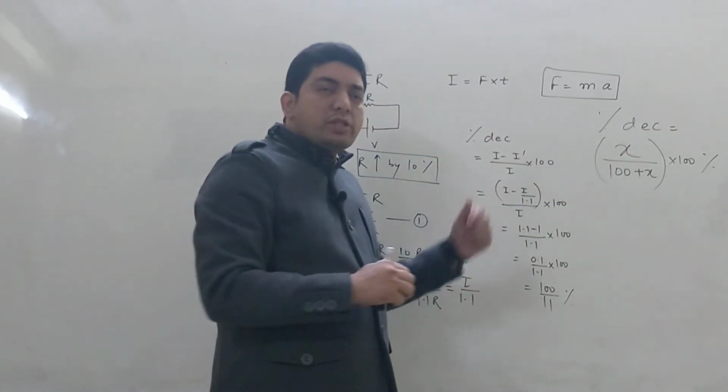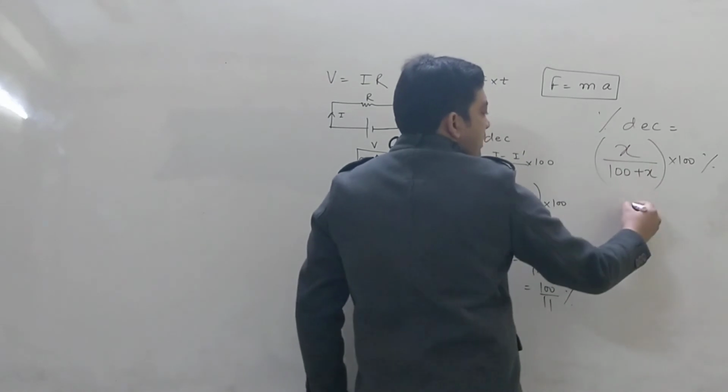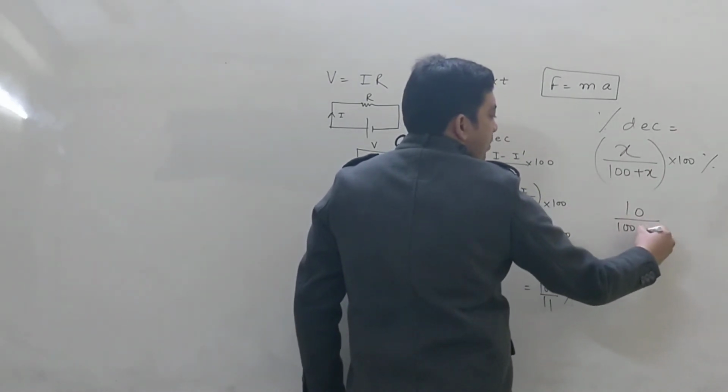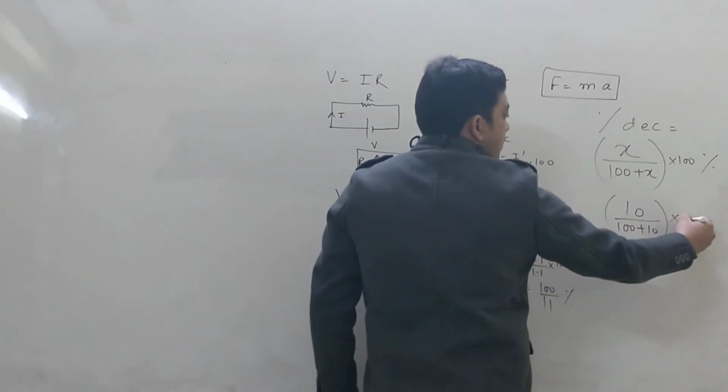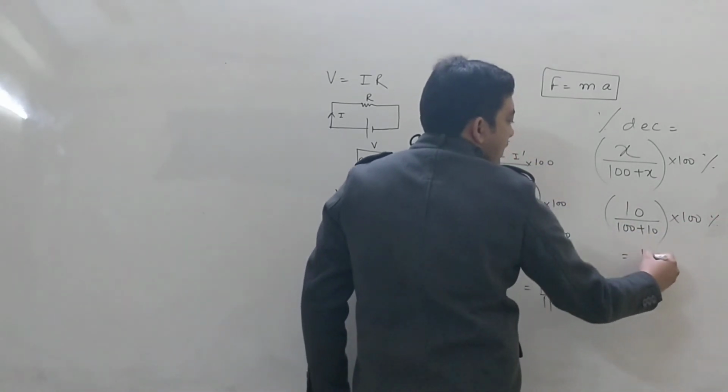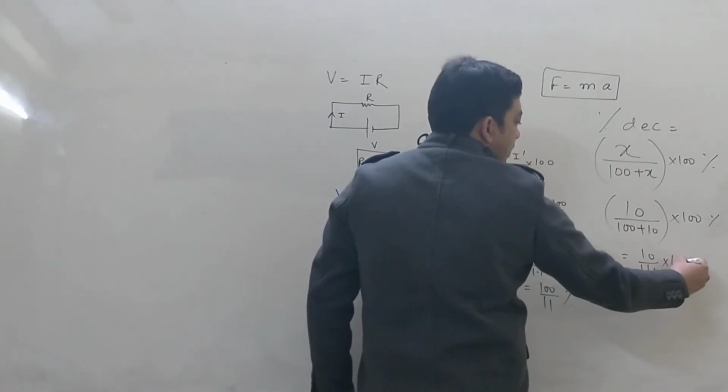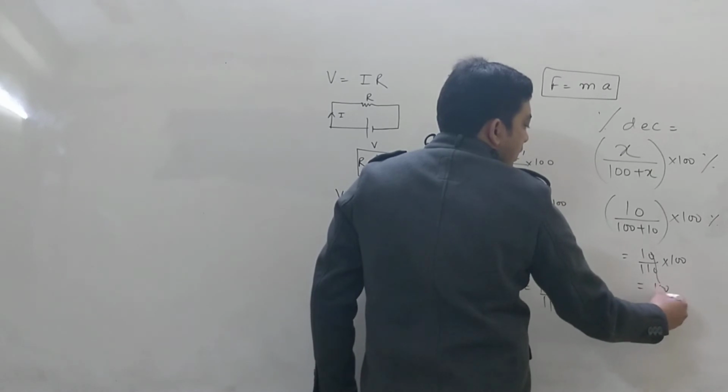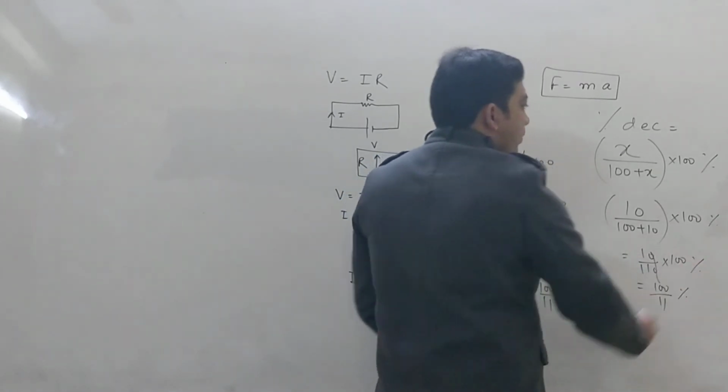So here in this question X is 10, so it is 10 upon (100 plus 10) into 100. Once you solve it, you will get 10 upon 110 into 100, which will be 100 upon 11% only.